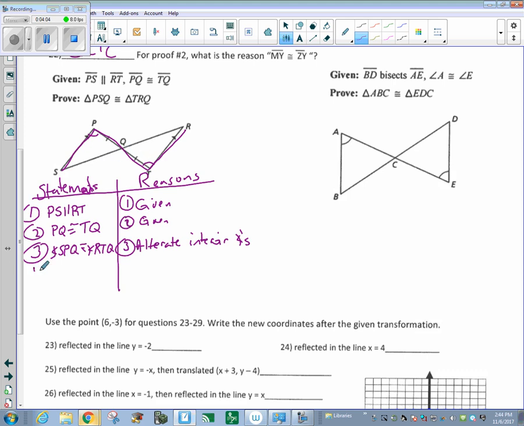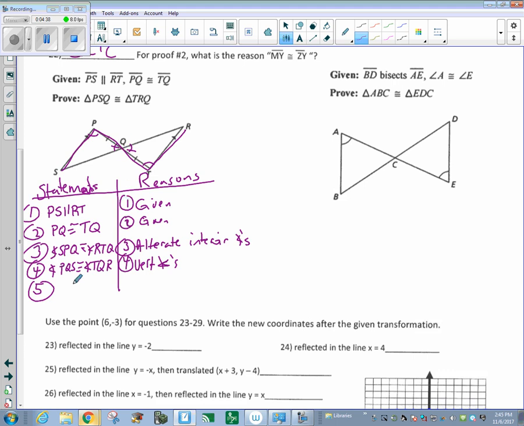Or the other option, which probably most people saw, is that angle PQS is congruent to angle TQR, and those would be vertical angles. All right. And so with this one, by getting vertical angles, my reason that these triangles become congruent is different. It's not angle side, it's actually angle side angle because the side is between the angles.